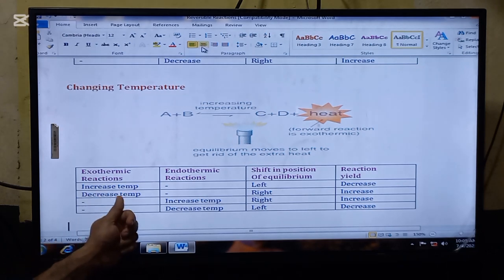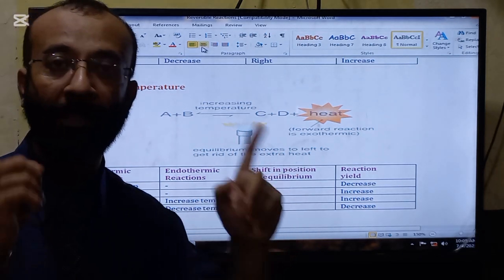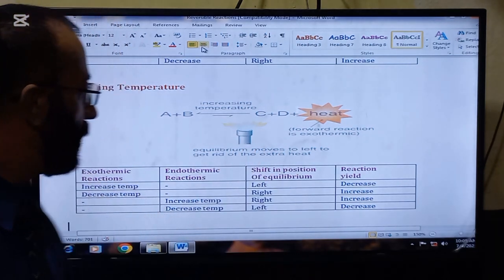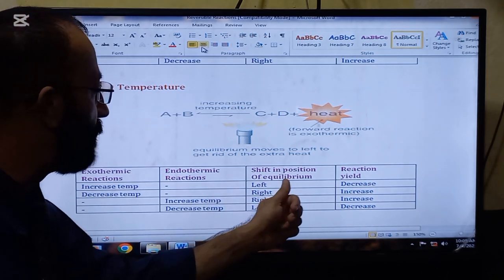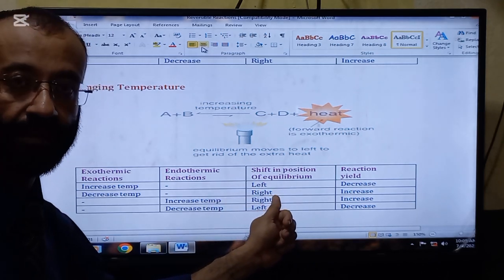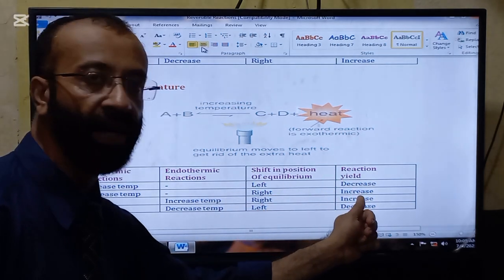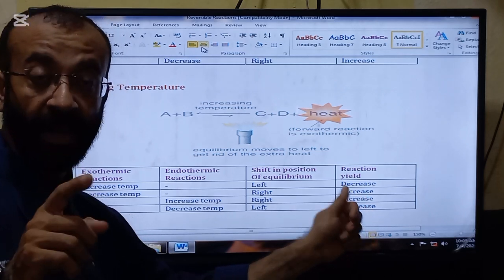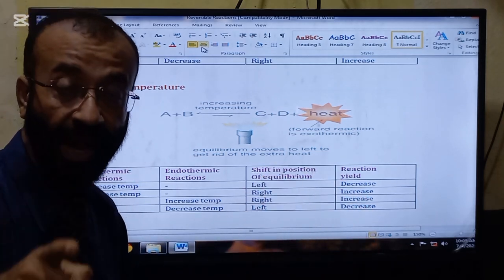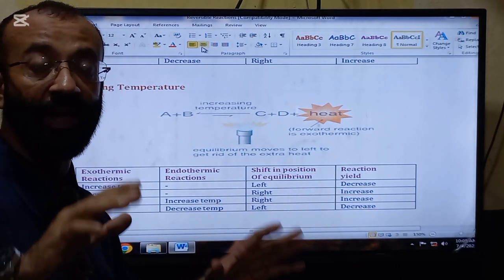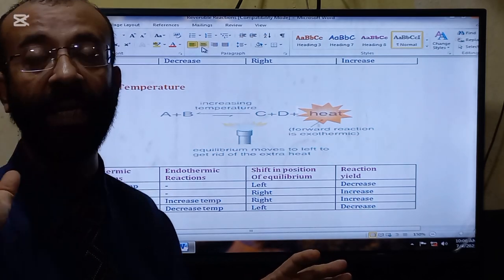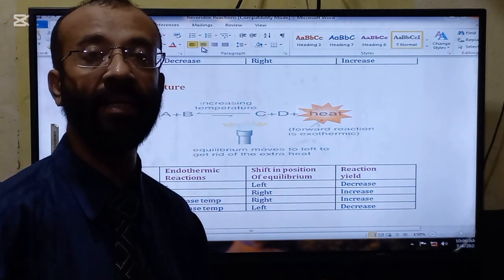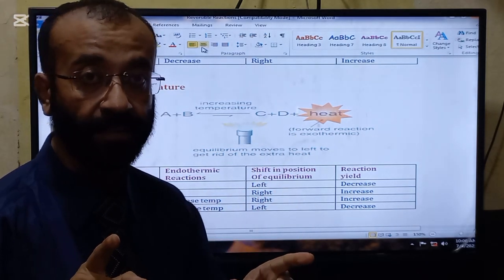So if you increase the temperature, that will have a bad impact. The position of the equilibrium will shift towards the left, and the reaction yield will decrease, because the reaction already gives out heat. So if you increase the heat, it will have a bad impact.